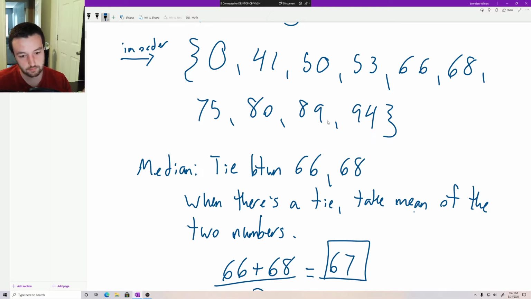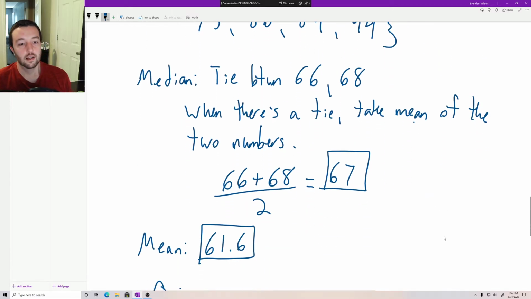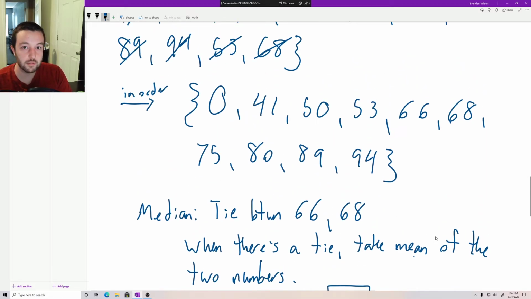So let's think about how many numbers we have, right? We have 10 numbers. So if we wanted to do 25% of 10 numbers, that would be 2.5. So we have to find the part where 2.5 numbers are at or below this number. That doesn't really make much sense, right?